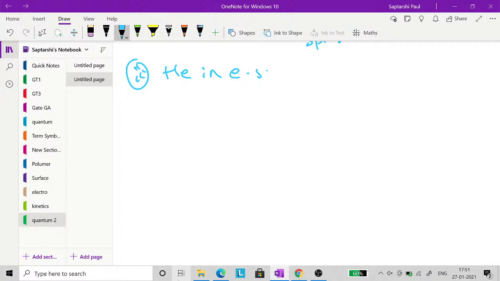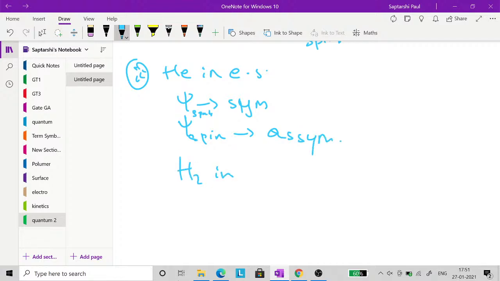So for helium in the excited state, chi spatial will be antisymmetric. Also for hydrogen in the excited state, chi spatial will be antisymmetric. It's very easy to find out whether it's symmetric or antisymmetric: just see whether there are negative signs or not.